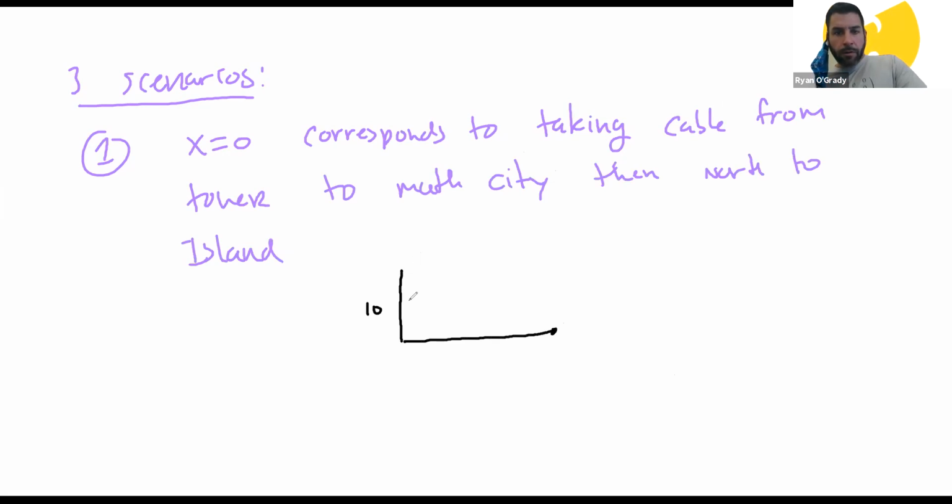And we know this is 10, we know this is 12. And so the cost here, what is the cost? Given the problem, the cost here is 12 times 1,500 plus 10 times 2,500.